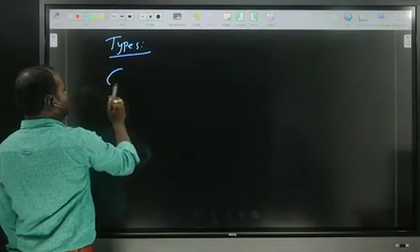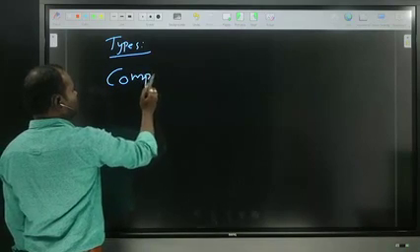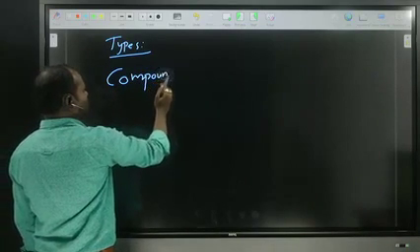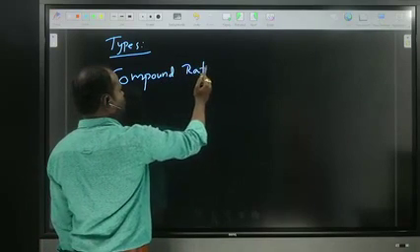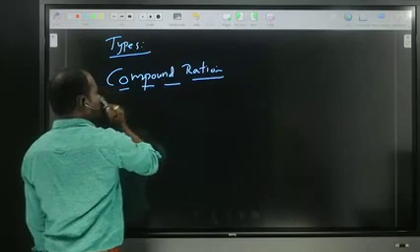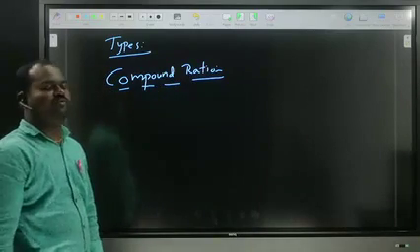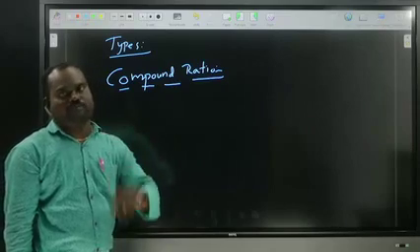One is compound ratio. Shall we see now what the meaning of compound ratio is?